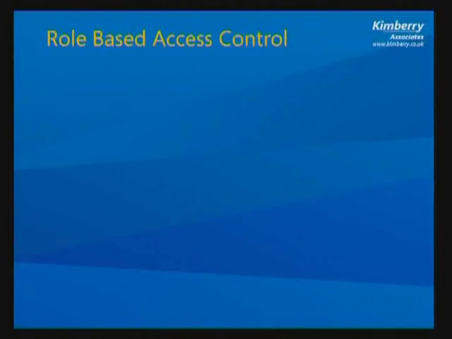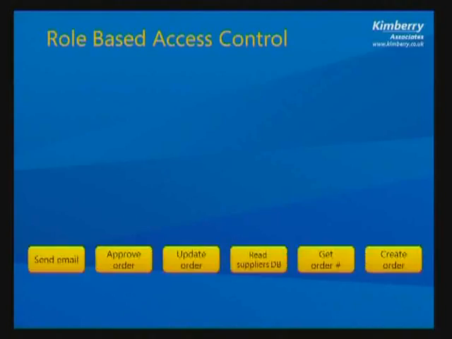So, role-based access control. The developer defines the sensitive operations within his application. Next job: it would be nice to be able to group those operations together. So if you need to place an order, what you'll be doing is maybe sending an email, approving it, and updating it, so we're actually placing the order with the supplier.